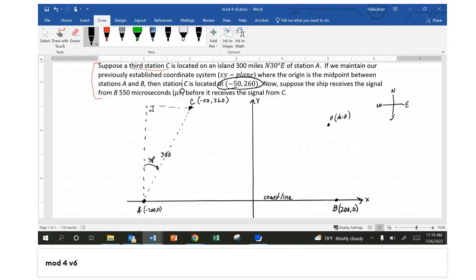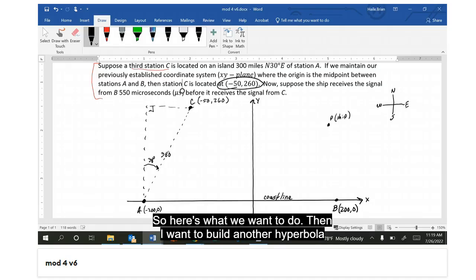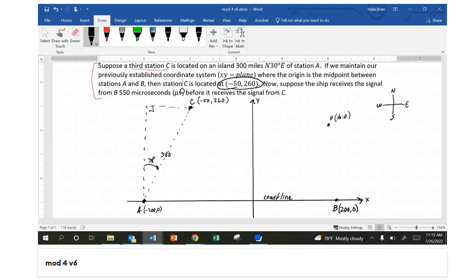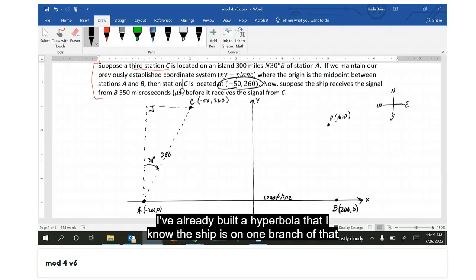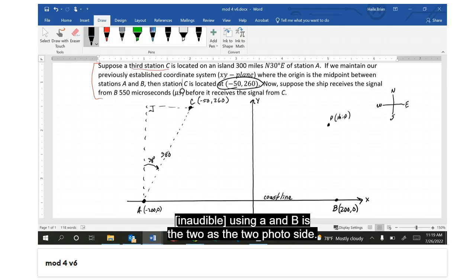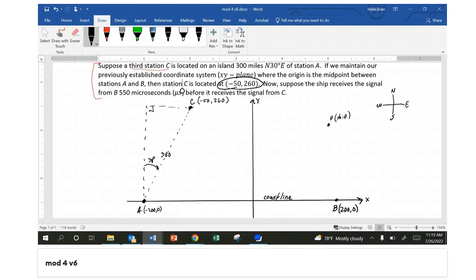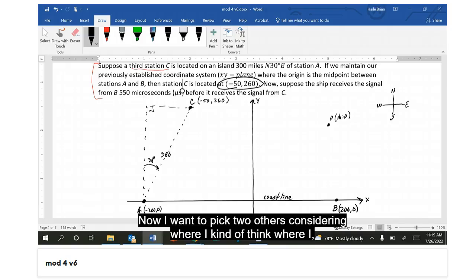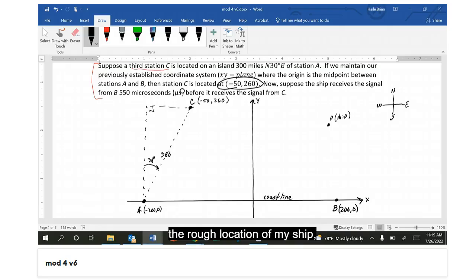Okay, so here's what we want to do then. I want to build another hyperbola, and I've already built a hyperbola that I know the ship is on one branch of, using A and B as the two foci. Now I want to pick two others. Considering the rough location of my ship, I'm going to use C and B now as my two foci.